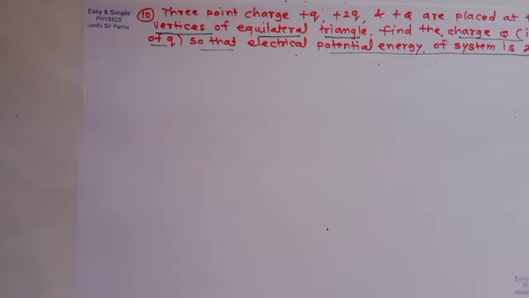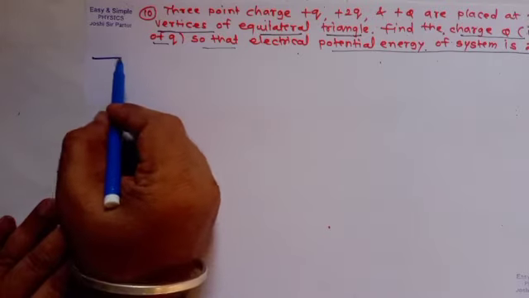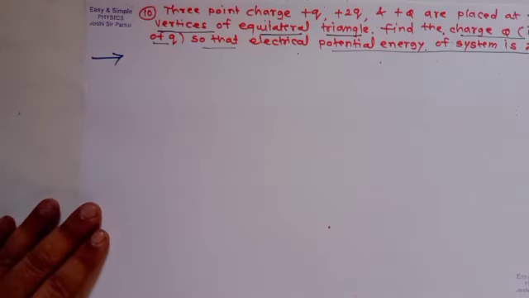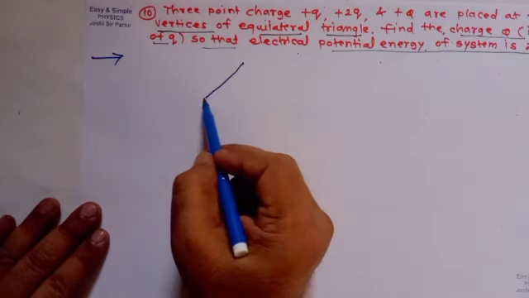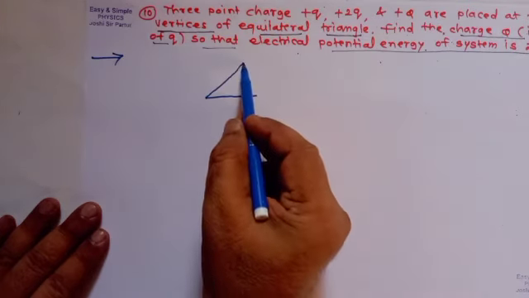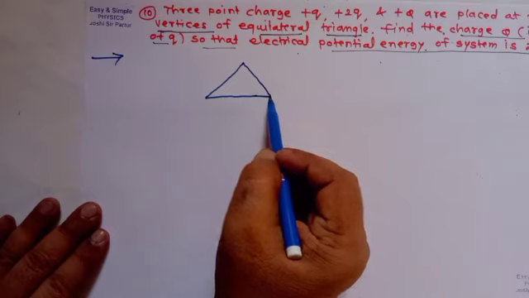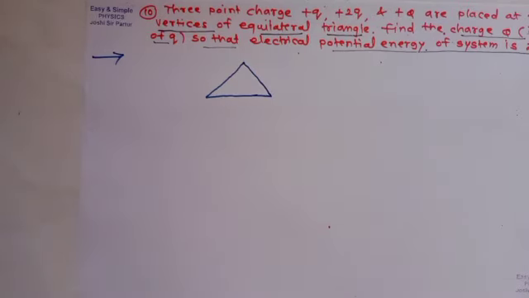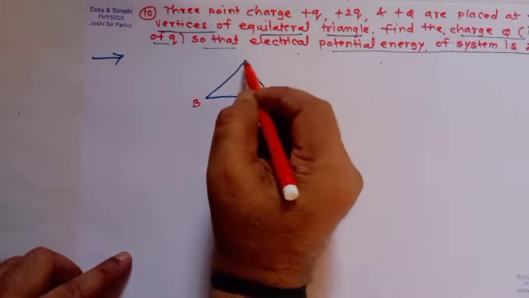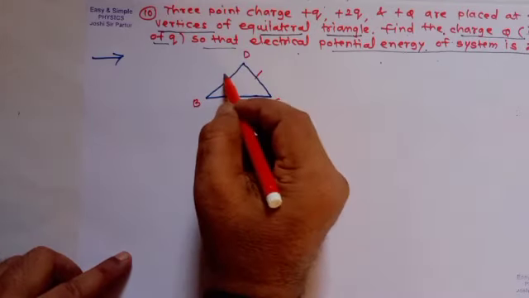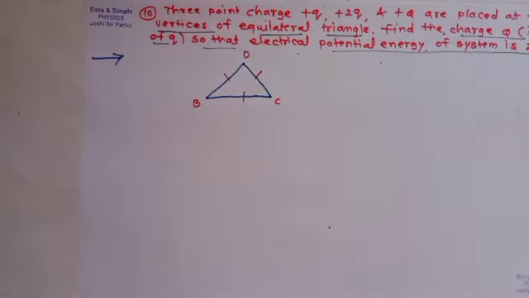Here, to solve, first we draw an equilateral triangle, with the triangle named BCD. Each side will be the same for an equilateral triangle.